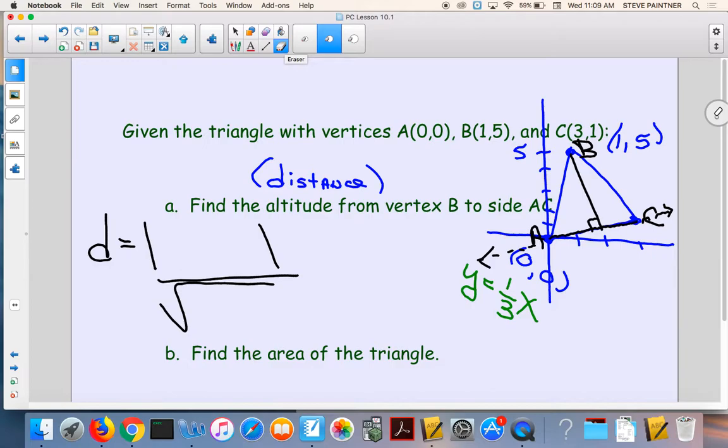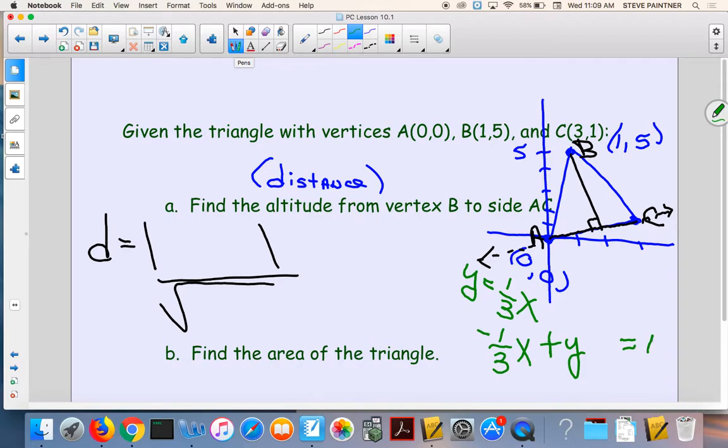So if I move the 1/3 x over, it would read this. Negative 1/3 x plus y. Would it be easier to change it to negative x plus 3y? Yeah, I was going to go there next. Okay, so there it is, right?